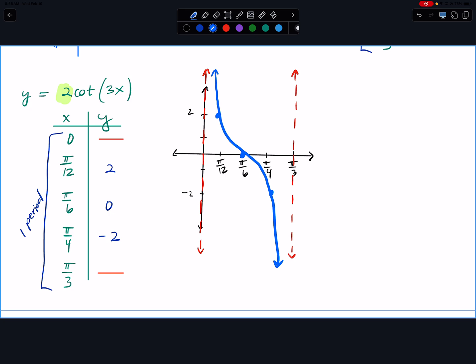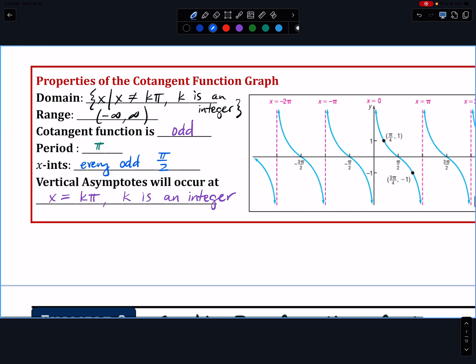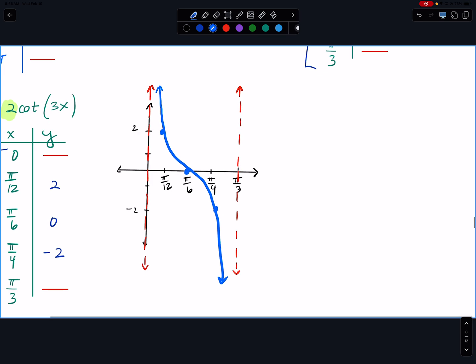Domain. So do you guys agree, asymptote pi over 3. If the period is pi over 3, then every pi over 3, there's going to be an asymptote. Does that make sense? When we wrote our original domain, this meant that the asymptotes occurred at every pi. Since the asymptotes are going to occur at every pi over 3, my domain is going to change.